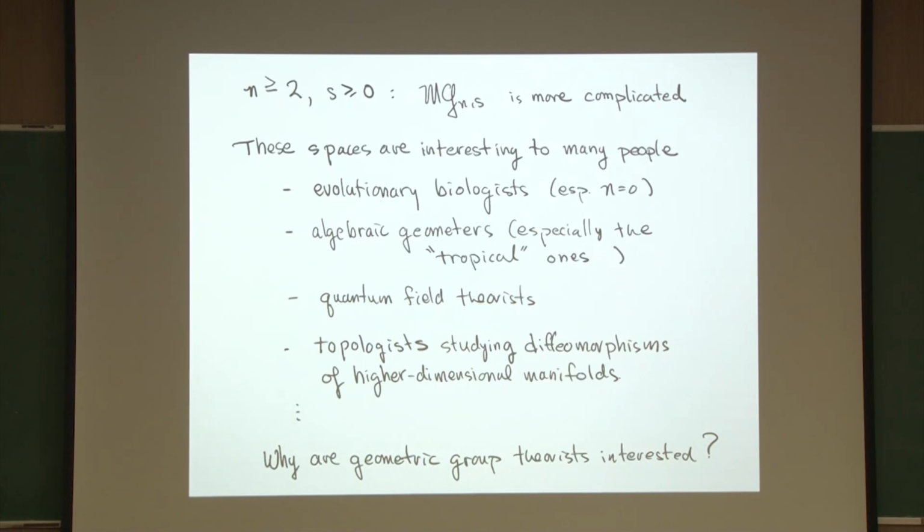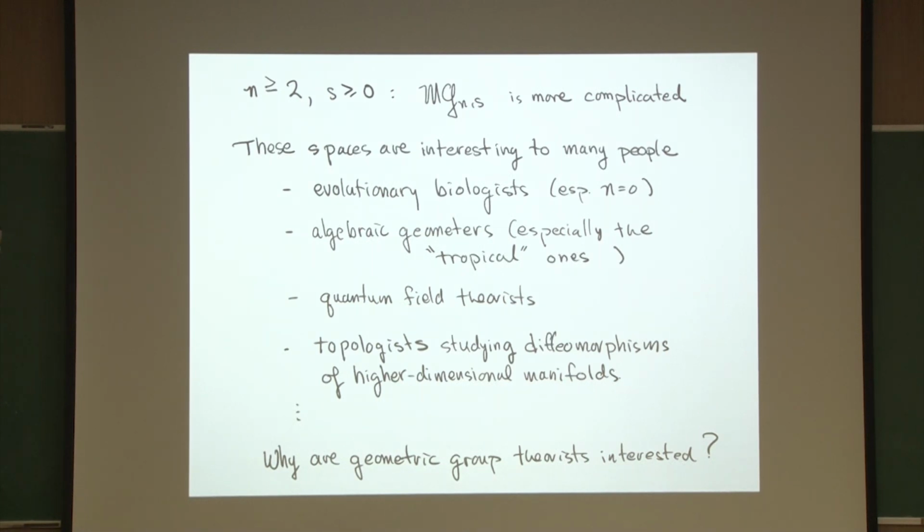Evolutionary biologists like this space, especially n equals 0, that's the trees space. They think of it as a space of phylogenetic trees. They like to study geodesics in that space and do statistics on that space.